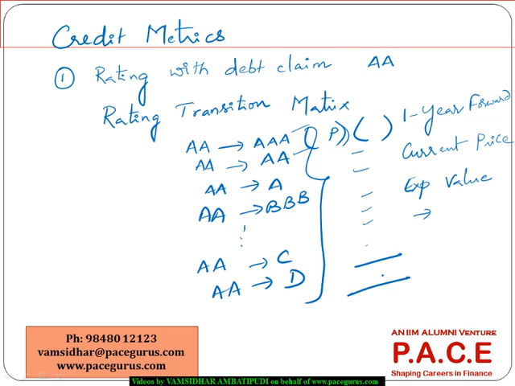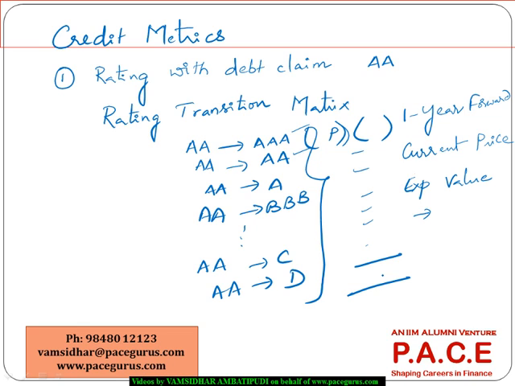We can take one numerical slightly later to address this situation, but conceptually what we need to be clear is this is a mechanism where I start with the current debt level or current rating level associated with the bond, and I would try to find out the present value of the bond for each of the rating classes using the 1-year forward rates and the coupon rates associated with this current bond.